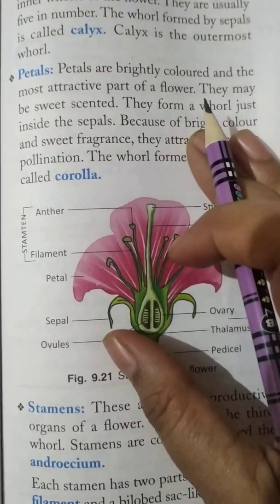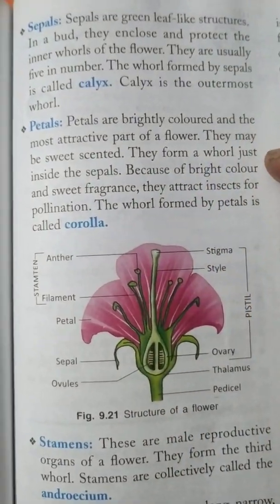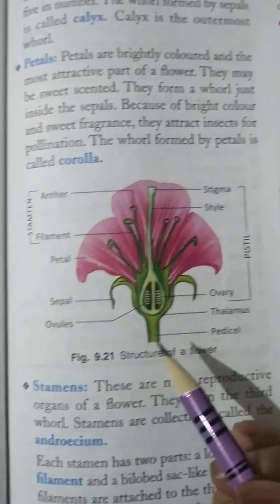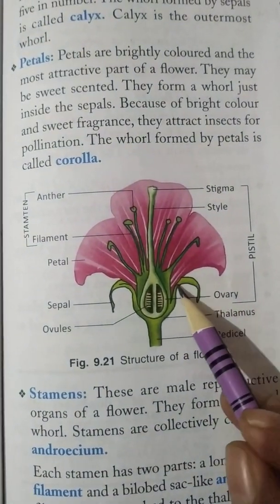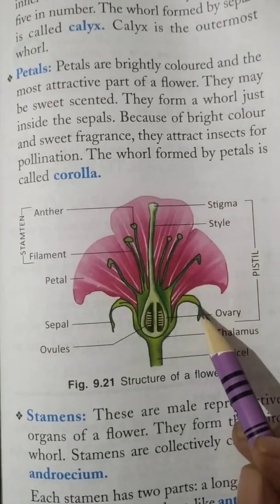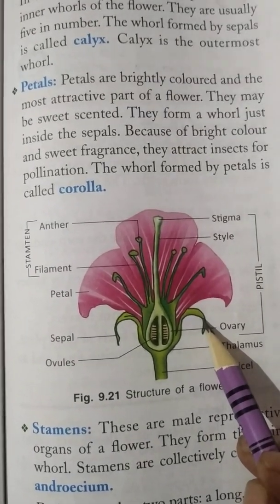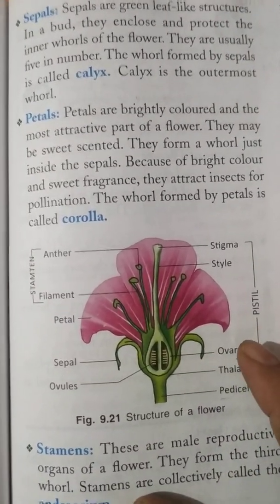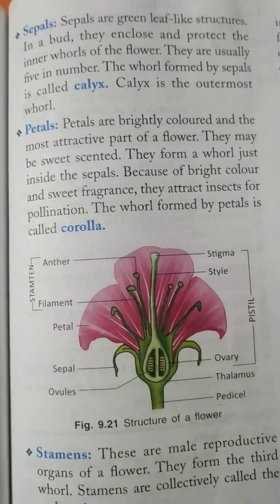Now we will discuss each and every part of the flower, that is sepals. These are green in color. This part is called sepals, which enclose the flower in its bud stage and protect the internal parts of the flower during the bud stage.